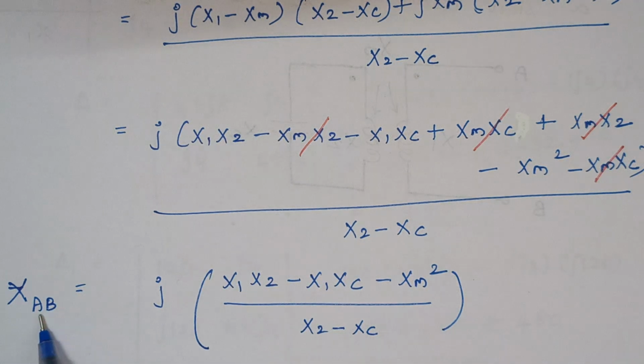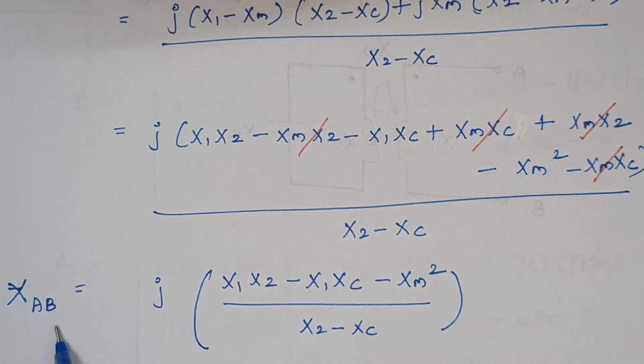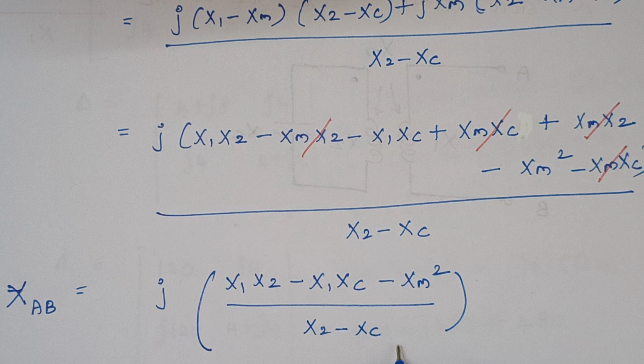The first condition is when you consider the circuit as an open circuit. What do we mean by open circuit here? The value of this reactance has to be infinity. That is the condition for open circuit. Under what condition will this term become infinity? When the denominator term of this expression becomes 0.